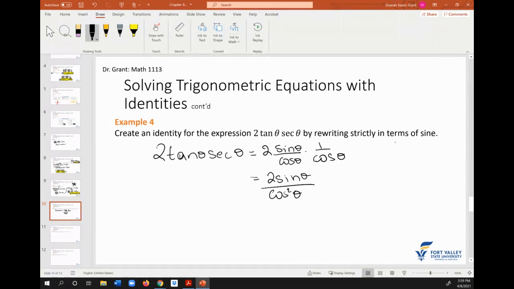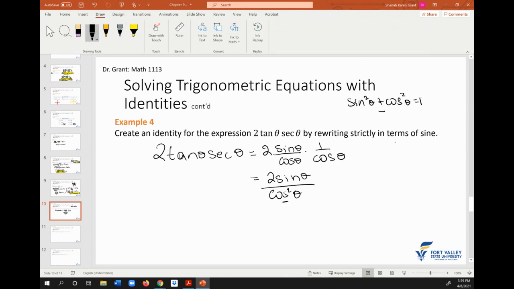Now, from this point on, we're trying to come up with an identity in terms of only what? Sine. And so here I have cosine. So I can go back to my Pythagorean identity where I had sine squared theta plus cosine squared theta. And so I want just sine.